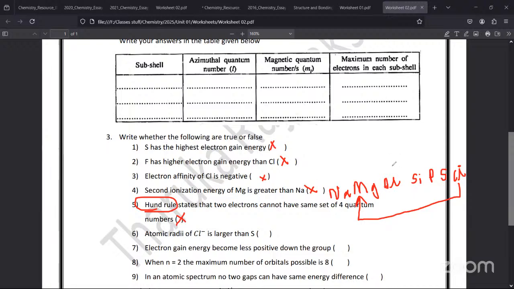You don't have to know the exact value. It is going to be larger than this one, this one, and this one. So this statement is correct, finally.